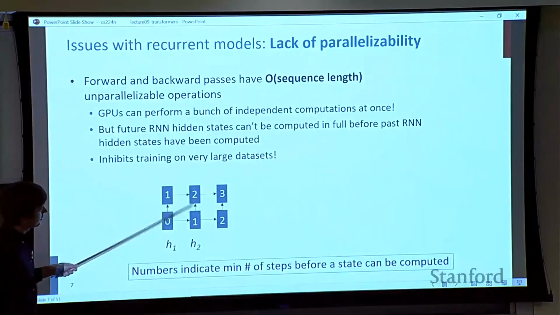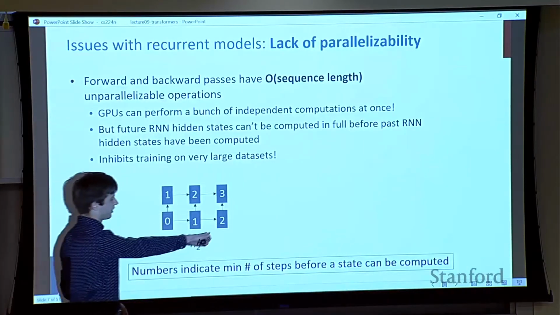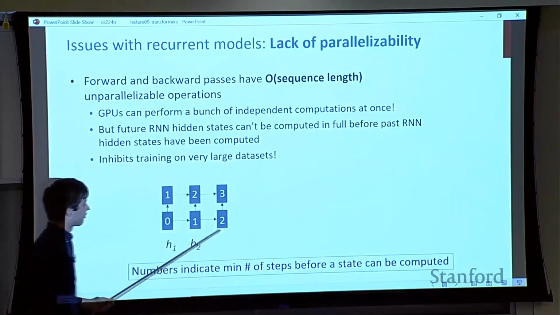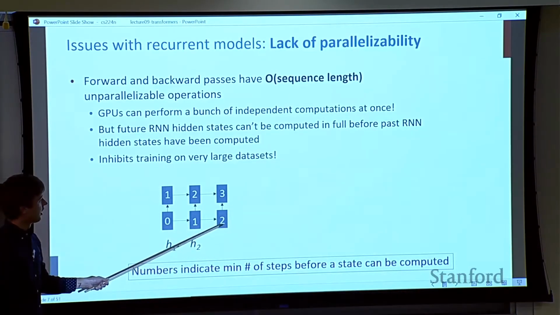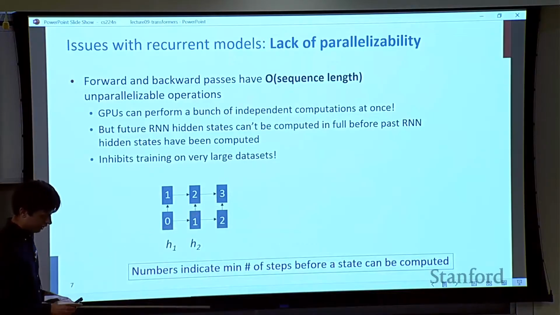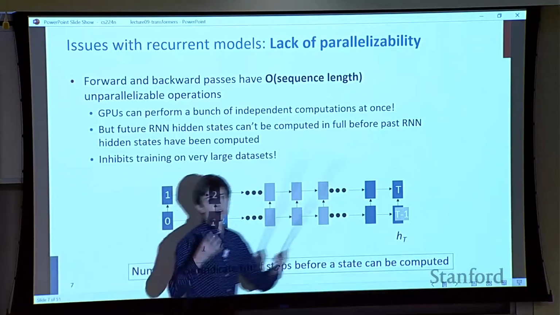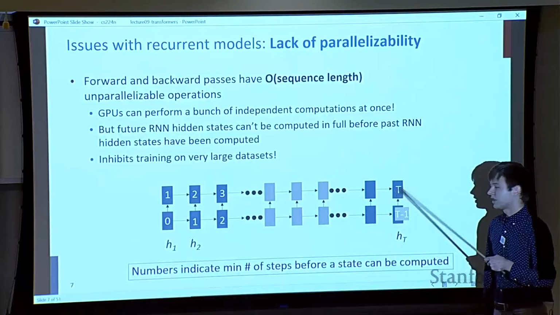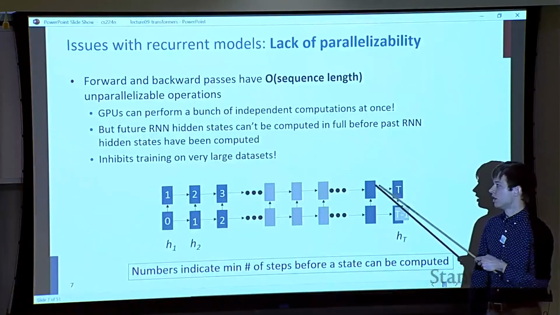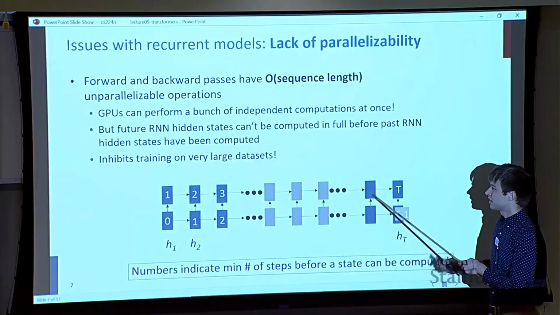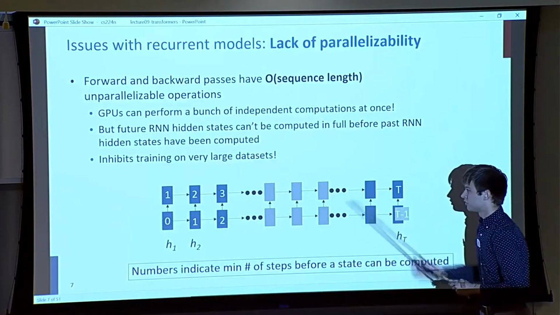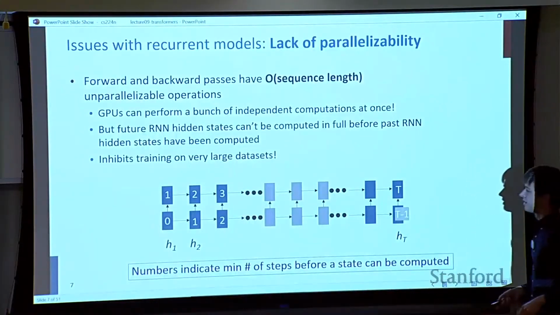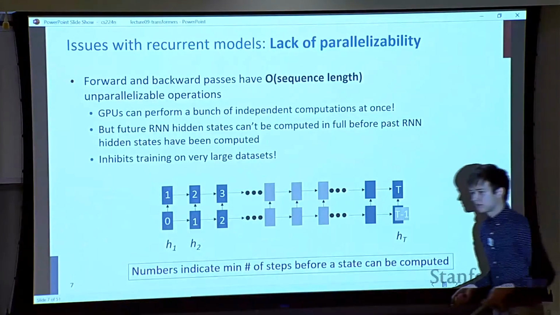And then this depends on this, so you've got a 1. So you have at least two things that you need to compute here before you can compute the value of this cell. Likewise, 3 here. And with the sequence length, it grows with O of the sequence length. So here, I have been unable to even try to compute this value when I get here because I had to do all of this first. So I can't parallelize over the time dimension. And this inhibits training on very large data sets.